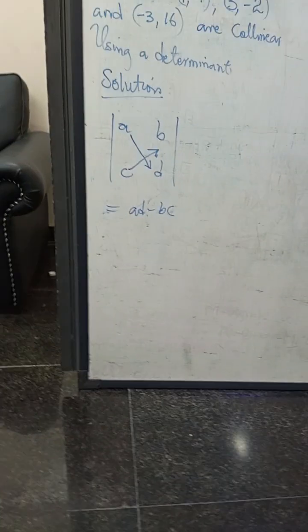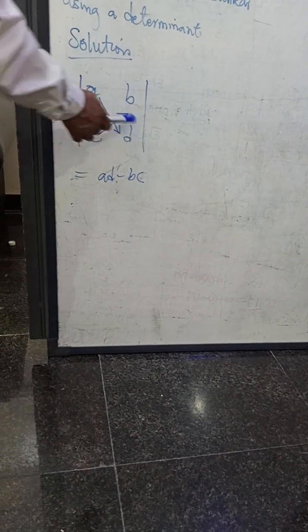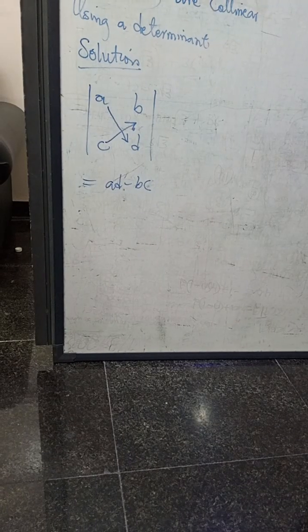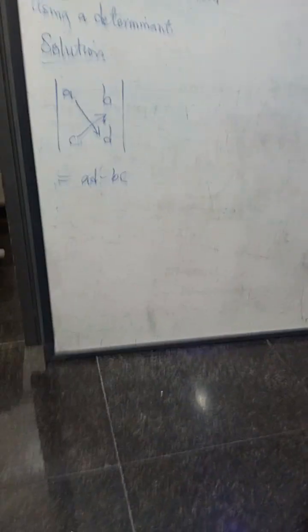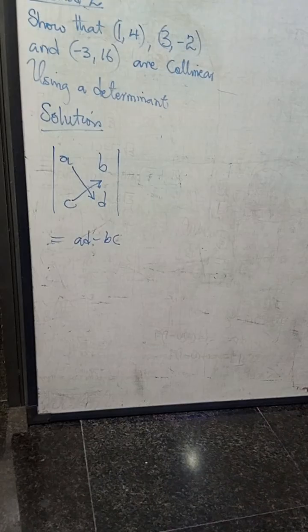That's what determinant is all about. So if A, B, C, D were numbers, this would have given us just one value, the determinant of these four numbers in this array.